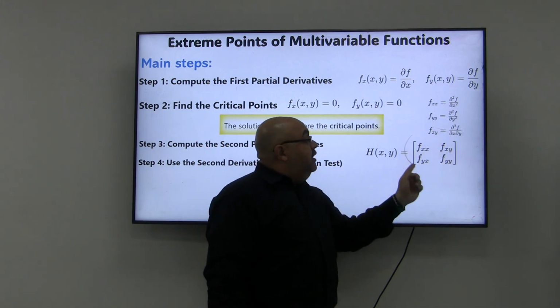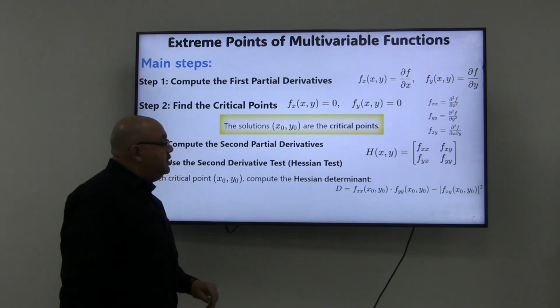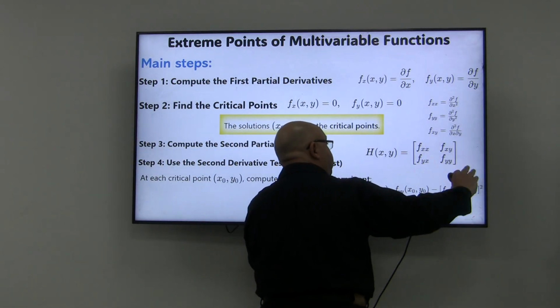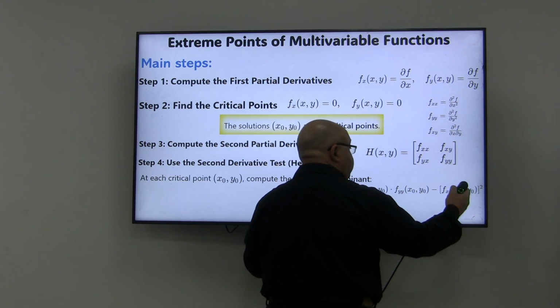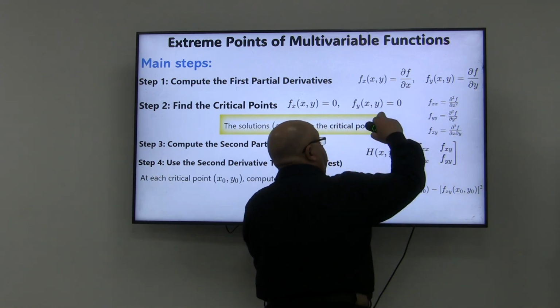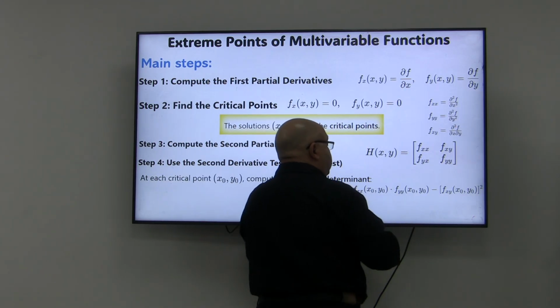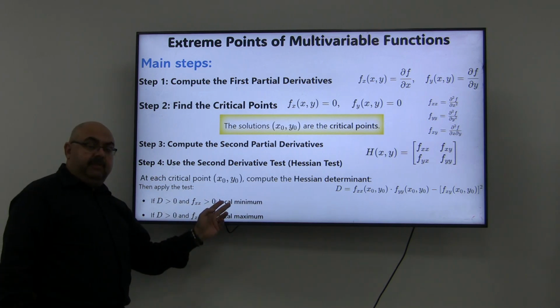I will evaluate the determinant of this matrix, and that's what I call D, which is f double x times f double y minus f of xy times f of xy, since they are equal to each other. So it's going to be f of xy to the power of 2. Then I will substitute by my critical points. If this value is greater than 0 and f double x is greater than 0, then I will have a local minimum.